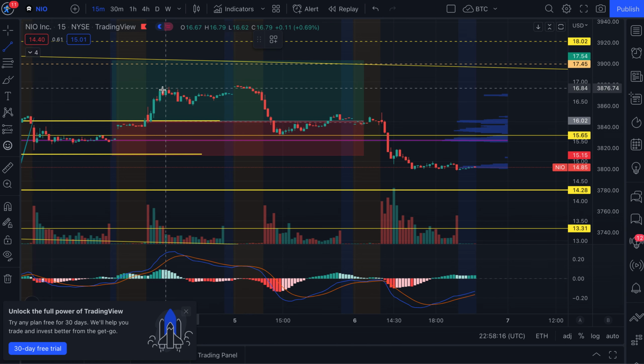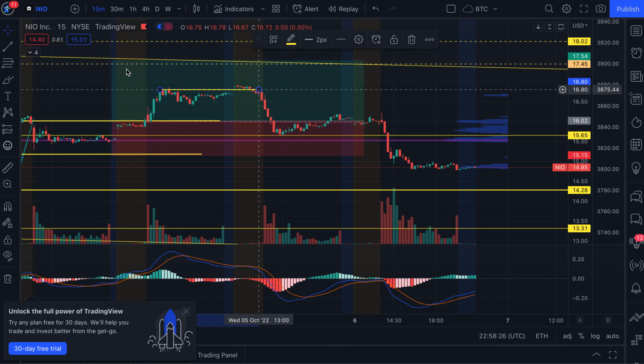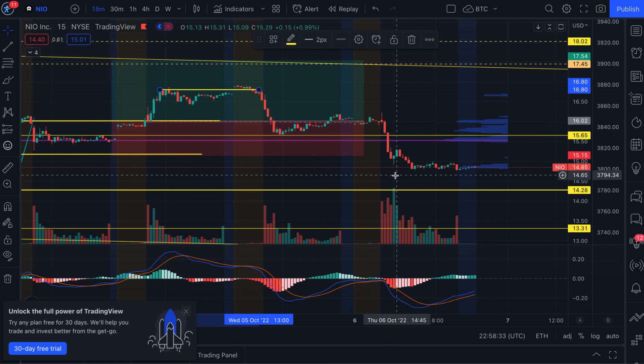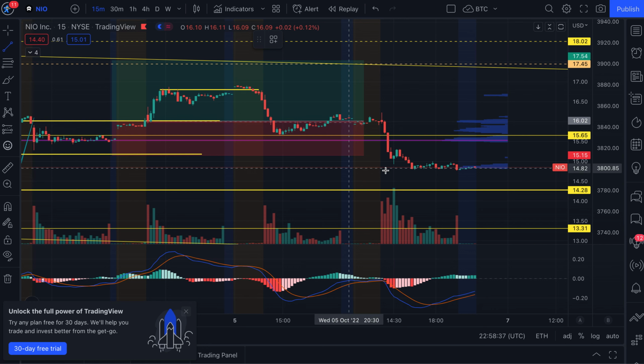Okay. Now, why did it reach this exactly? 16.80. Let me see what we can draw here. Why did it reach 16.80? Is that a significant level? And now that I look at it, why did it stop here today?